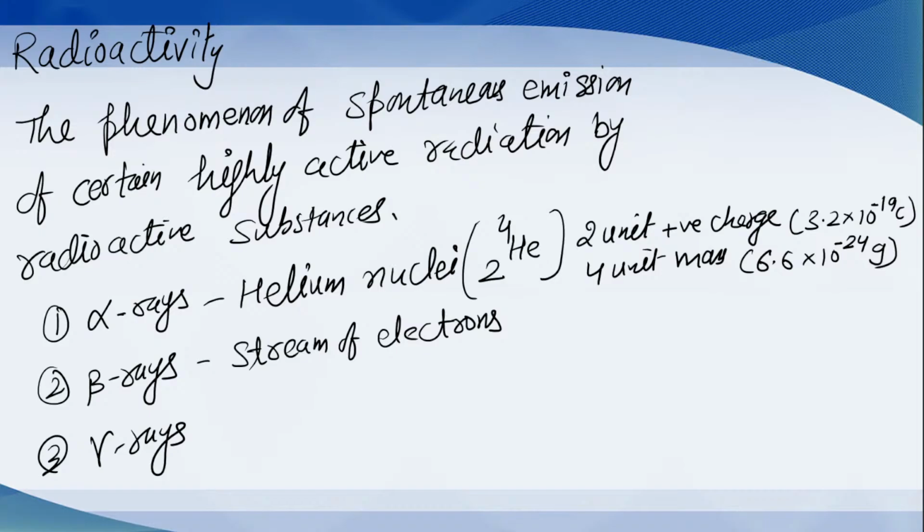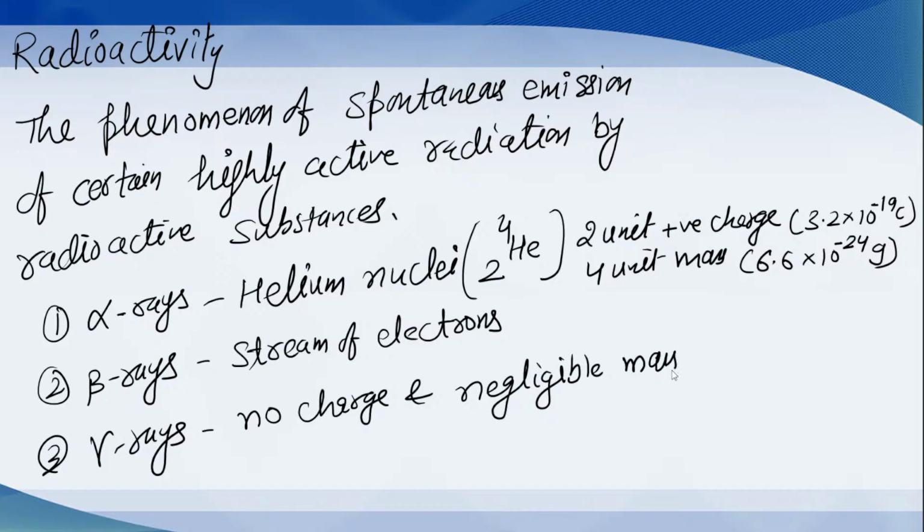Now gamma rays, the third type of rays, were not deflected by electric and magnetic field, and they were found to have no charge and negligible mass. They are represented as 0 0.